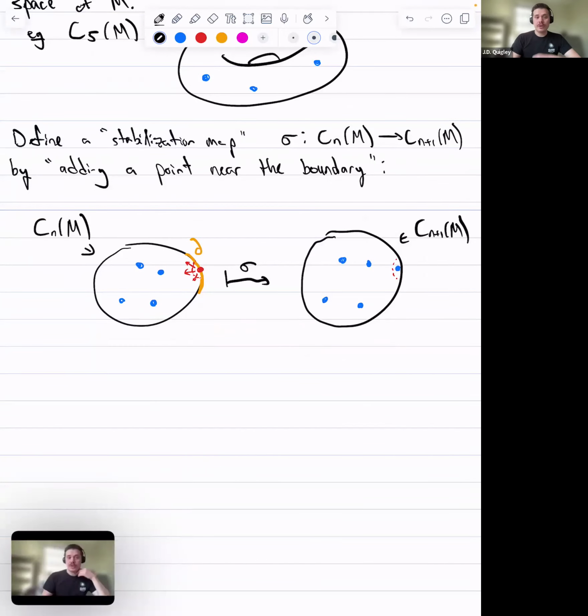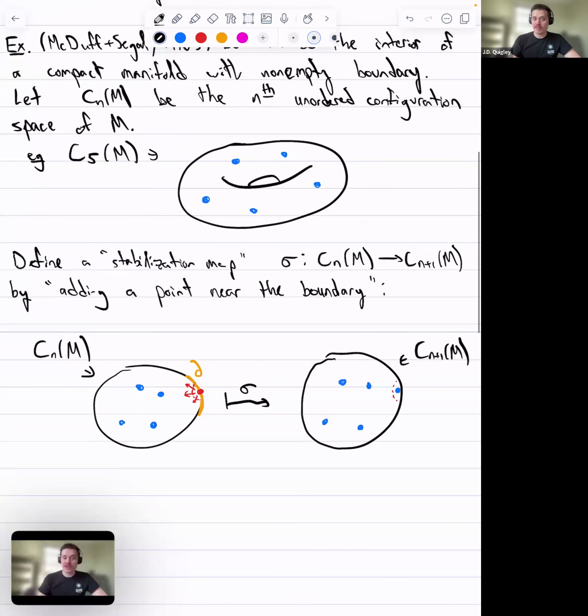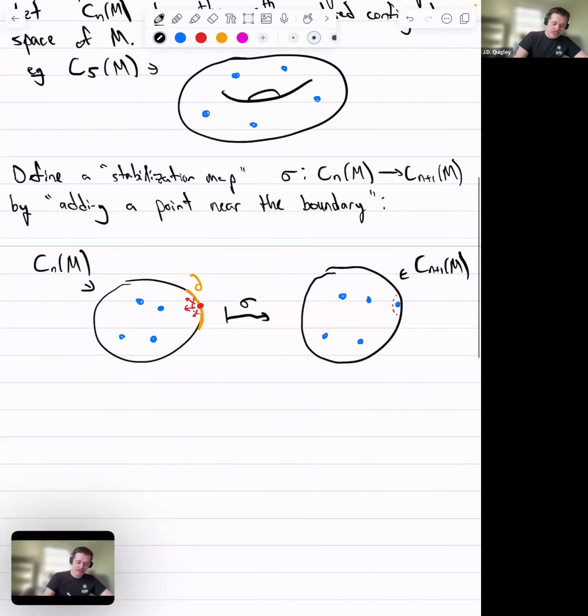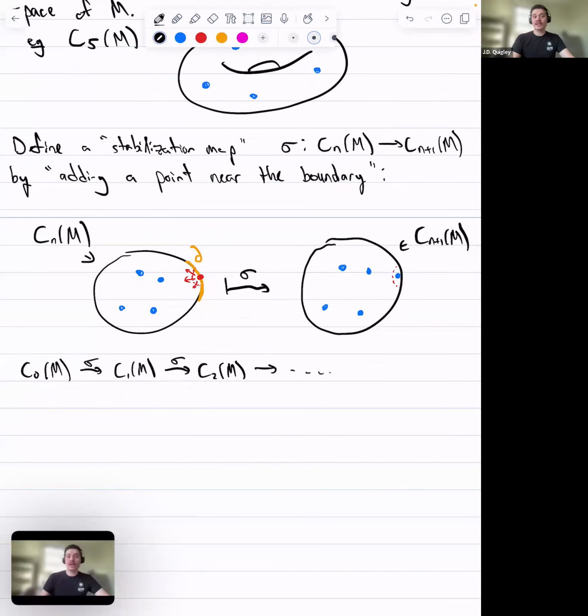So what's the result? Now I have this sequence of configuration spaces and I have ways of mapping between them. So I have the sequence C0 of M, sigma C1 of M, sigma C2 of M, and so on. And I can ask what happens if I take the homology of the spaces in that sequence.